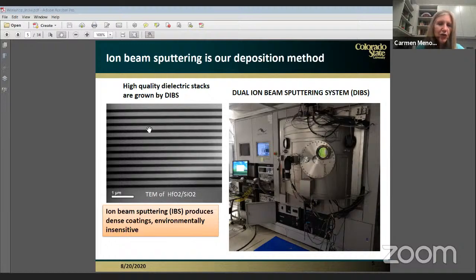And I show you the high quality coatings that we can produce. In fact, this process allows us to create thin film layers that are very dense. They are almost like the bulk materials. And because they are very dense, they are very environmentally insensitive.